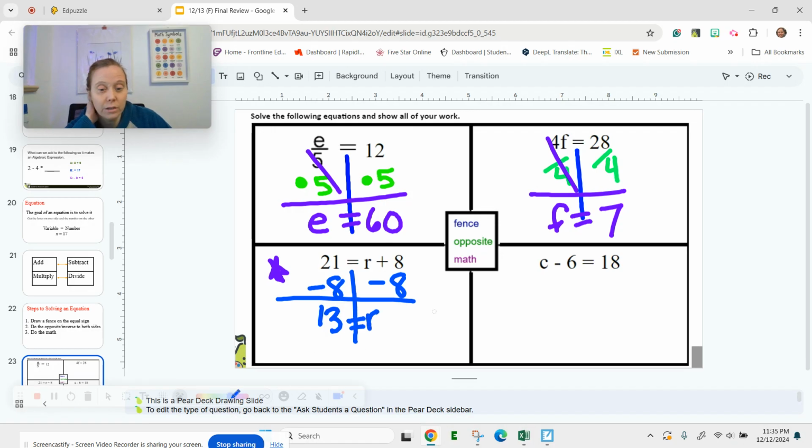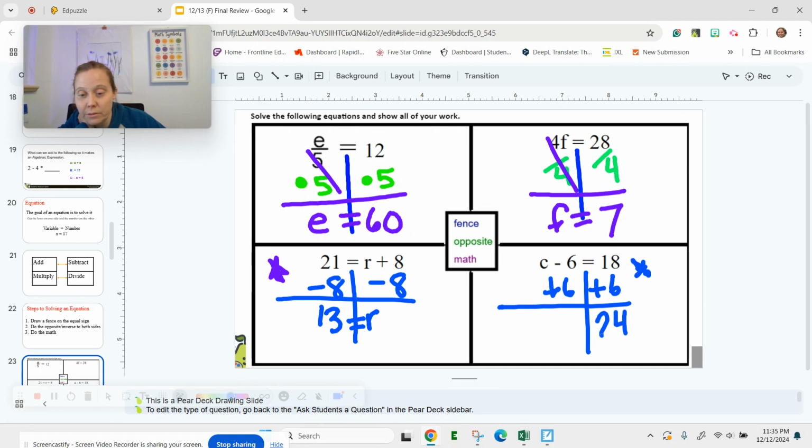So 13 equals r. Last one. Again, try this one on your own, explaining how you did your math. Fence, plus 6, plus 6, 18 plus 6, 24, c equals 24. Okay, perfect.